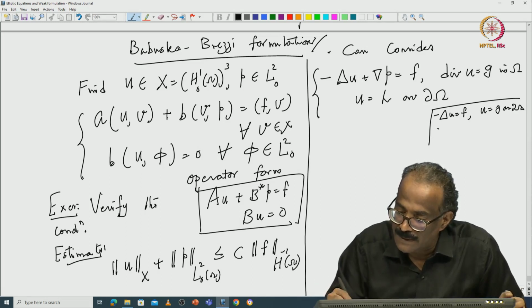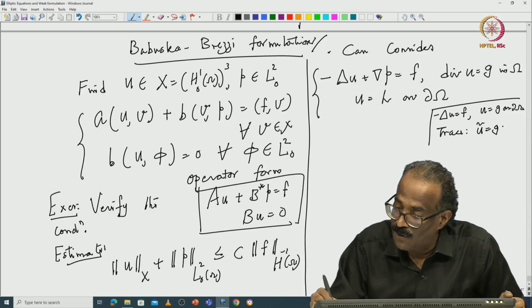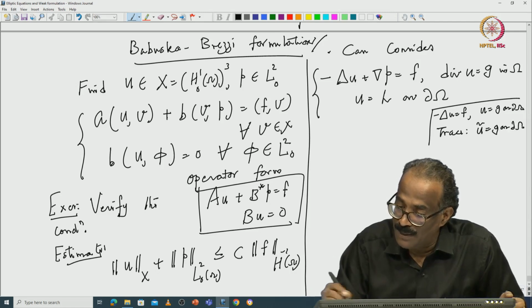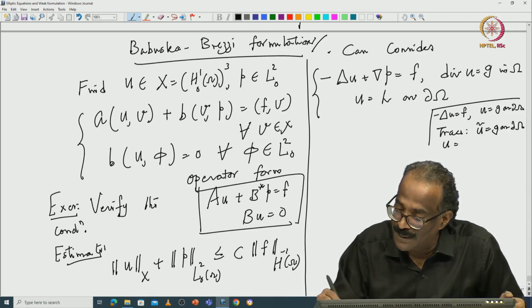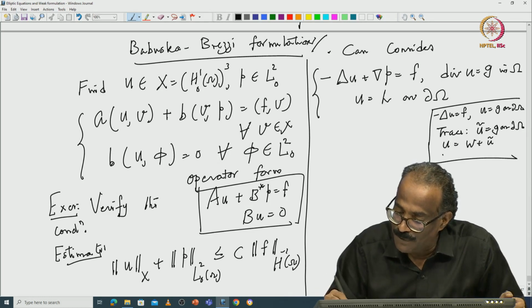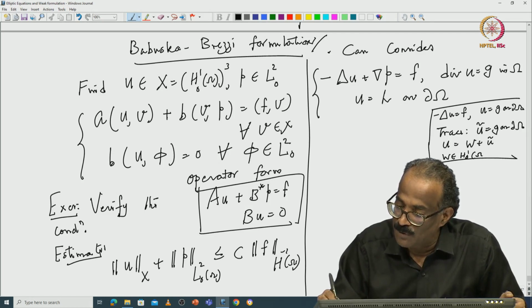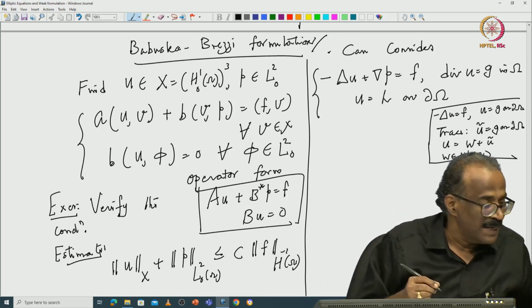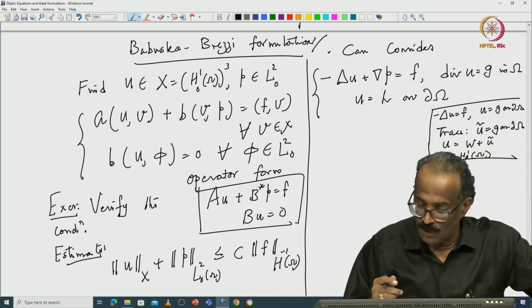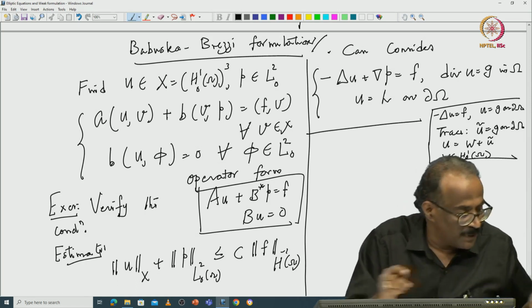By the trace theorem, first you find a u tilde whose trace is g on the boundary of omega, and then you split u equal to w plus u tilde, and then you know that w is in H1 naught. That is how you look for it, because the boundary condition is always like that. Okay. So that is what you really want to do.